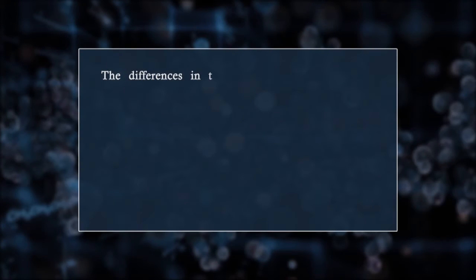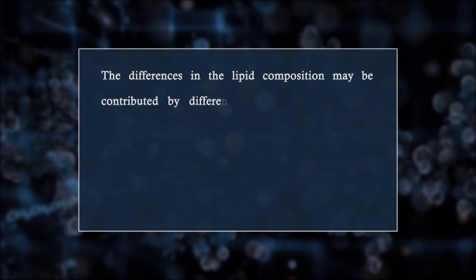The lipid composition varies among different biomembranes, and the variation gives rise to different types of membranes, each having unique properties. The differences in the lipid composition may be contributed by different factors.